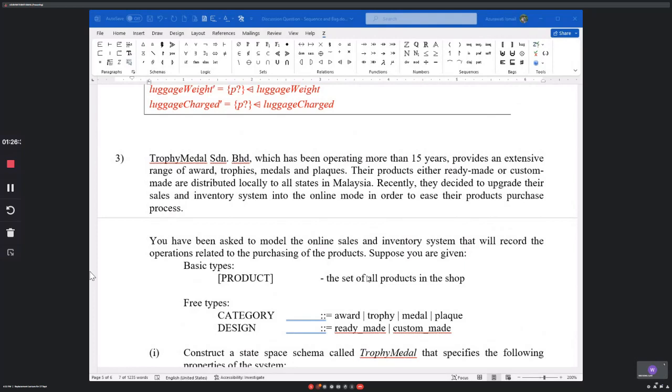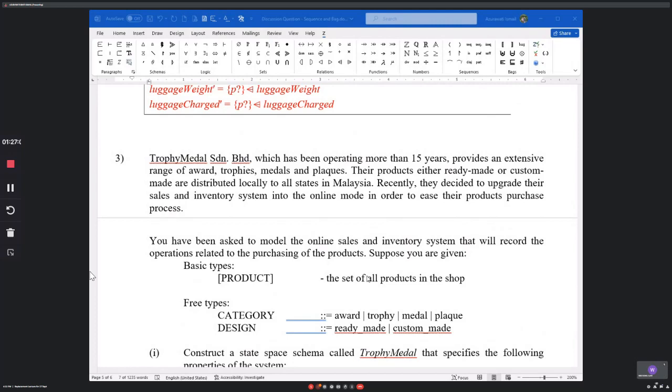Question two will mostly be operation schema only, like what you did in your test or tutorial. There will be a scenario where you have to look at the scenario and then do all the operation schema.